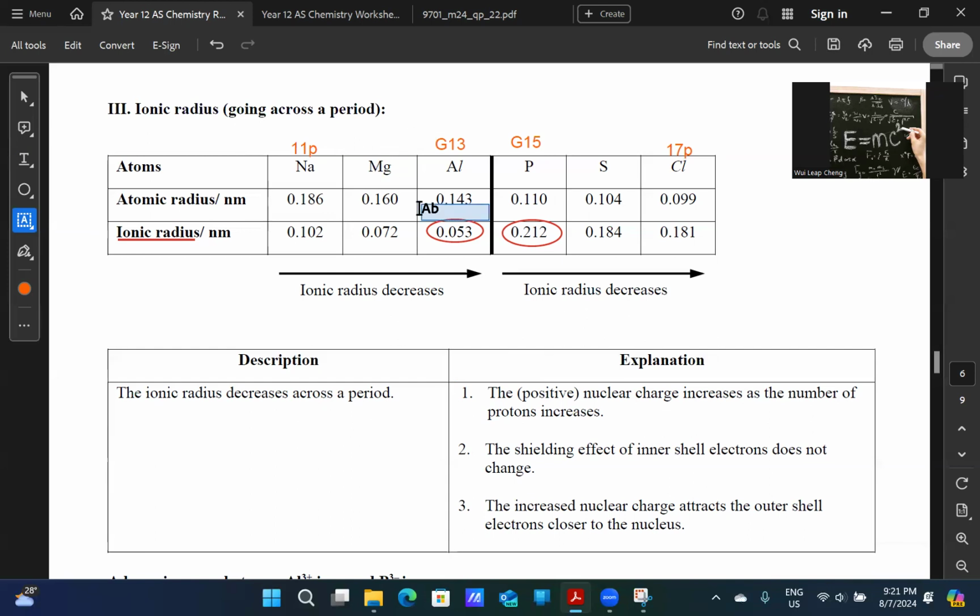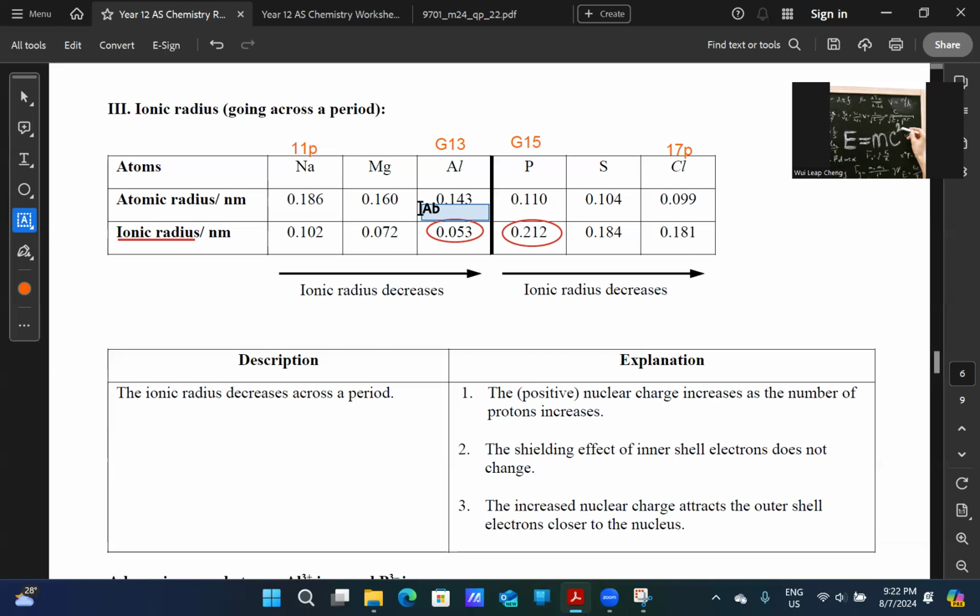They are from period 3. All the elements from period 3 have how many inner shells in total? Only two inner shells. Understand? Out of three electron shells, because period 3 elements have 3 electron shells.